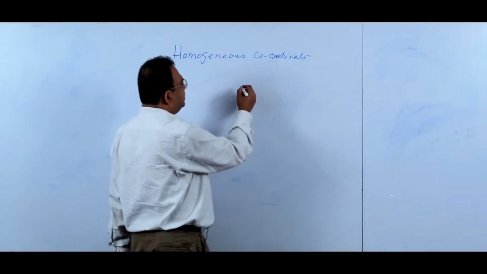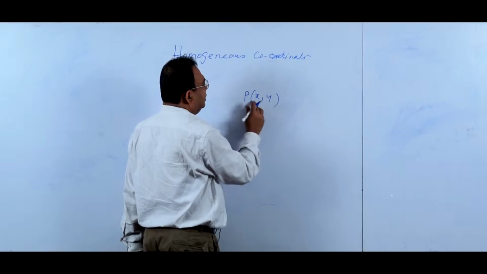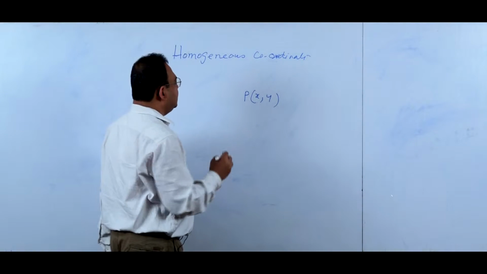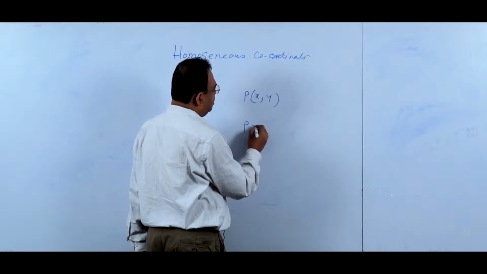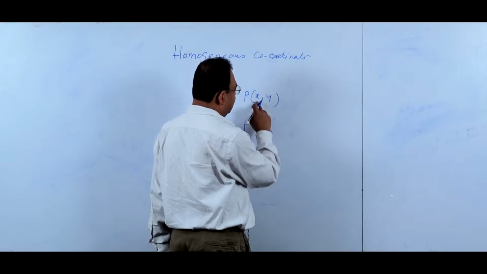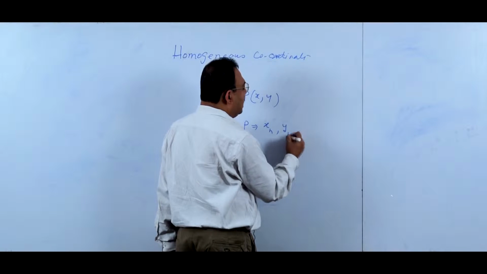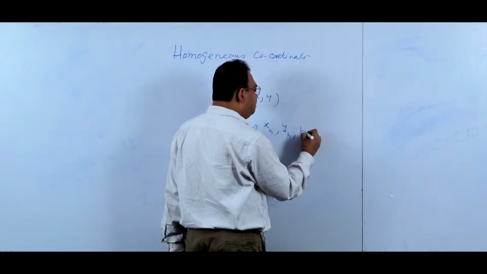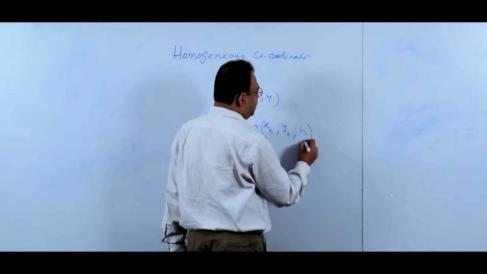In the two-dimensional Cartesian system, any point P is represented by x and y. In homogeneous systems, the same point P can be represented as xh, yh, and h. x is changed to xh, y is changed to yh, and there is a new parameter h, which is known as the scale factor.